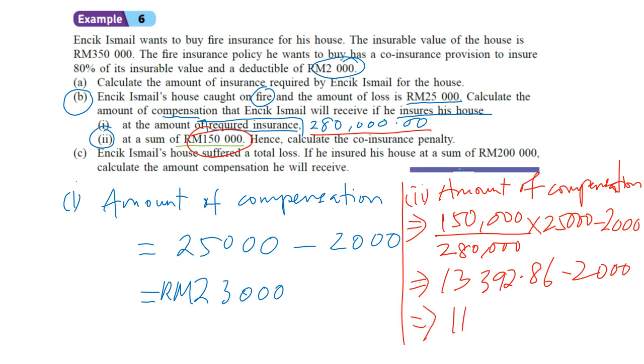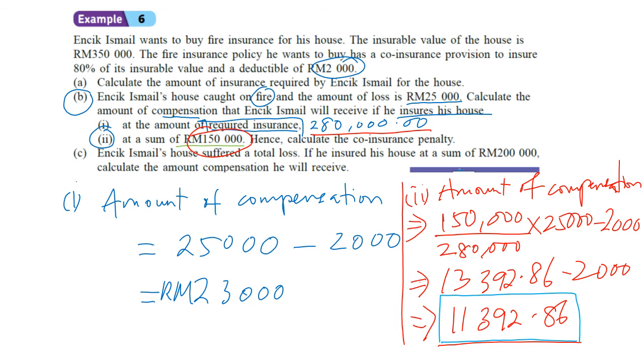Encik Ismail will get 11,392.86 only. This is the amount of compensation that the company will pay.